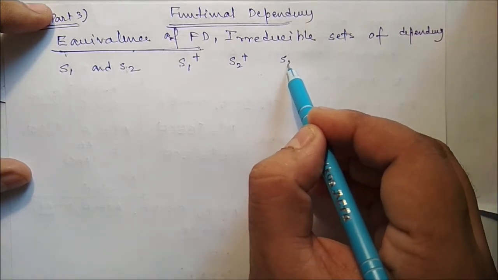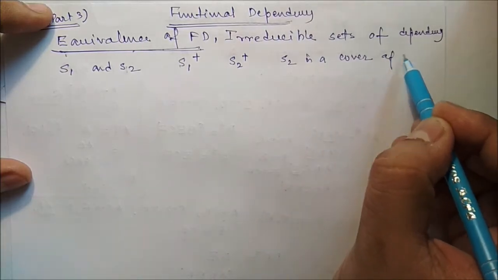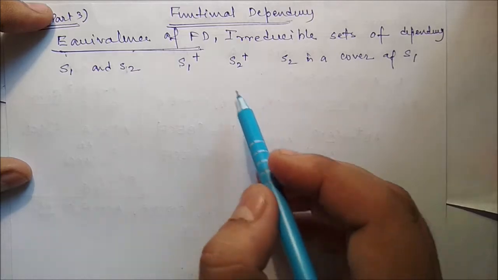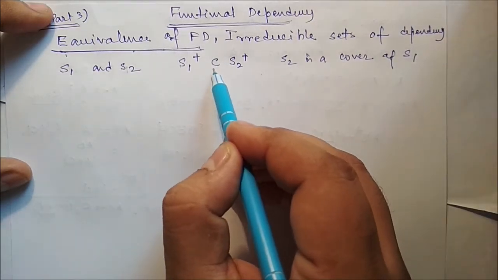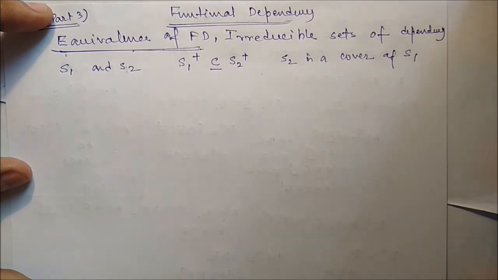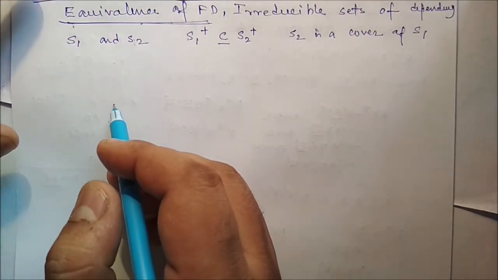So that means if S1 closure is a subset of S2 closure, then we can say S2 is a cover of S1. So what is the equivalence of FD?